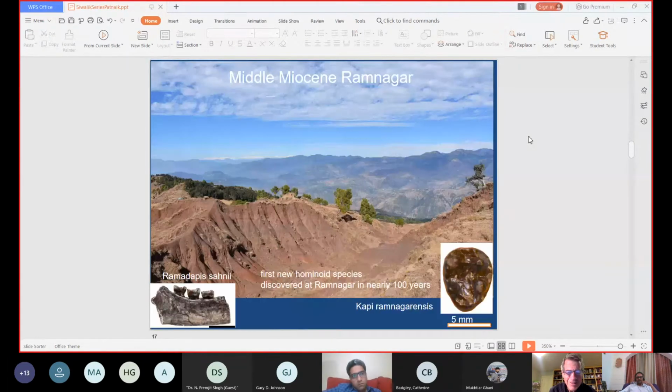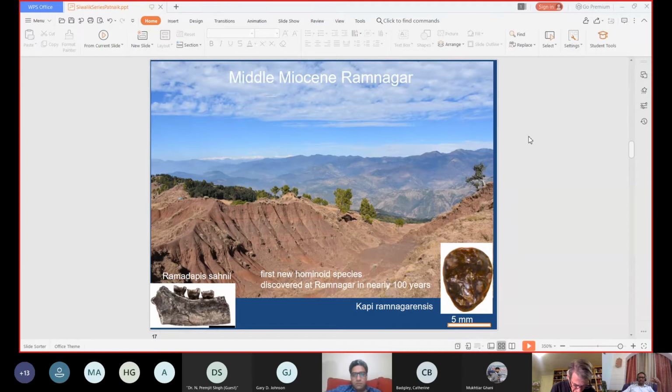Then we move on to another very interesting site, that is a Middle Miocene locality just north of Ramnagar, which has yielded a new ape. Recently we published this, and it is one of the few discoveries in the last 100 years; this is the first hominoid. Siwaliks are famous for Sivapithecus, Krishnapithecus and Gigantopithecus, but this was a new ape, a hylobatid, that we have just reported.